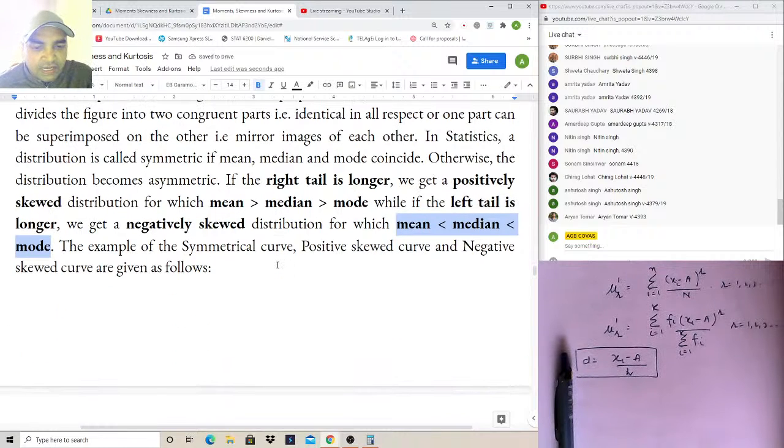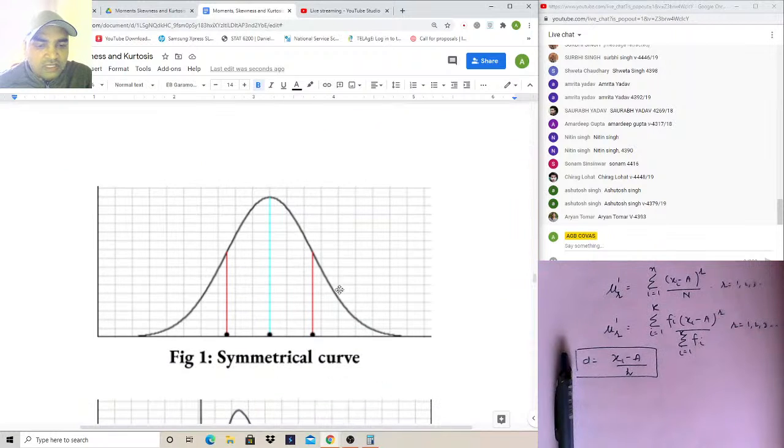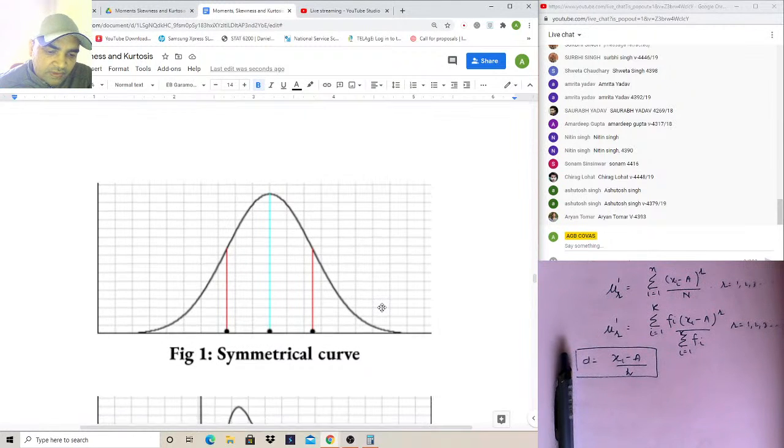The examples of a symmetrical curve, positively skewed curve, and negatively skewed curve are given below. This is a symmetric curve, and the mean, mode, and median are all the same. You can see this red area can be superimposed on this area, so a similar area will be on the left side of the mean and on the right side.